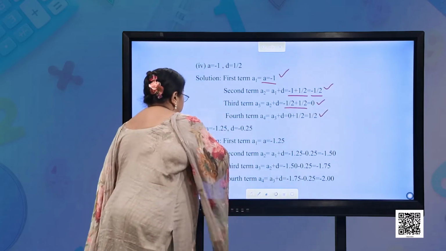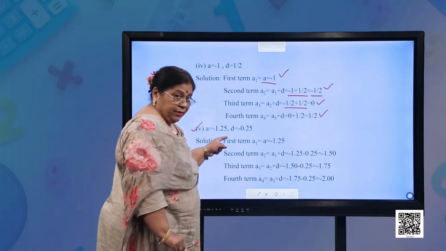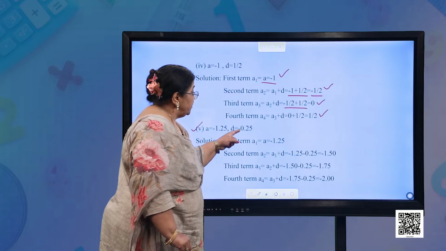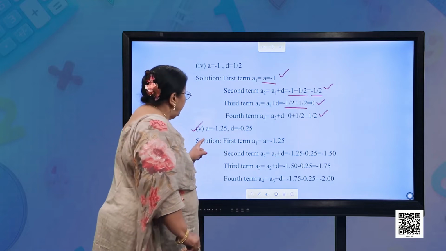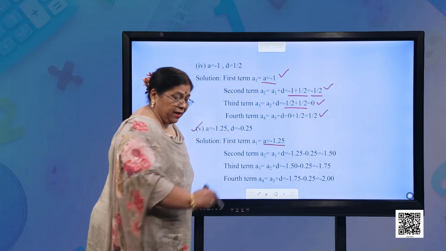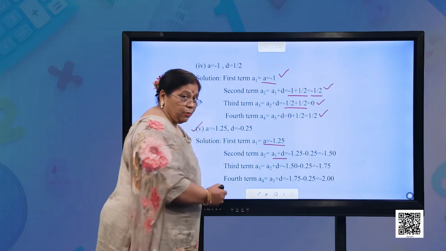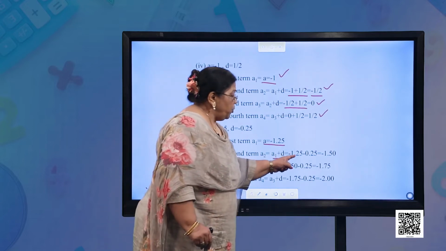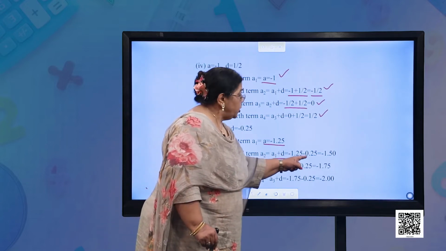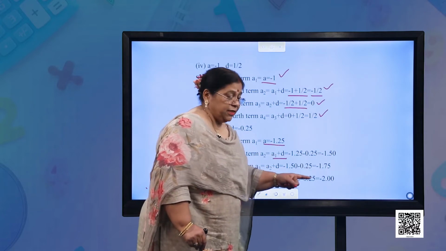For the next fifth part, we have a is equal to minus 1.25, d is equal to minus 0.25. First term we denote by a, minus 1.25, and second term is a2, a1 plus d. How can I write it? Minus 1.25 minus 0.25, that gives me minus 1.50.